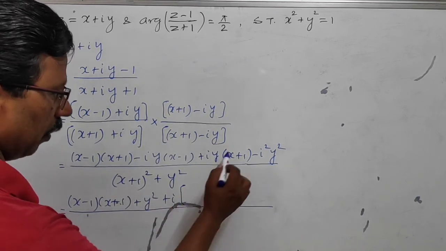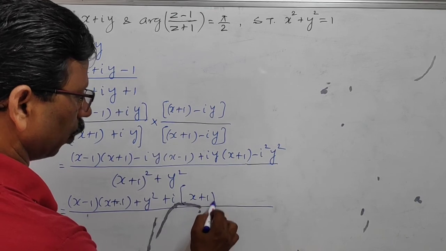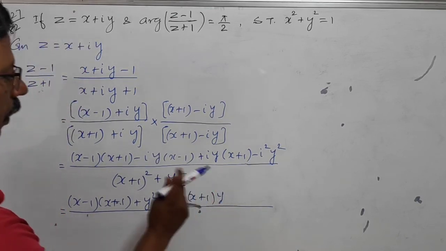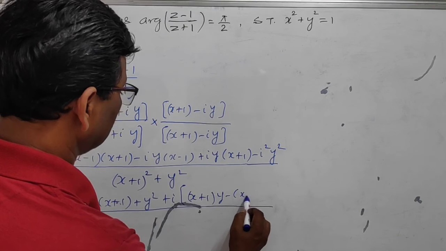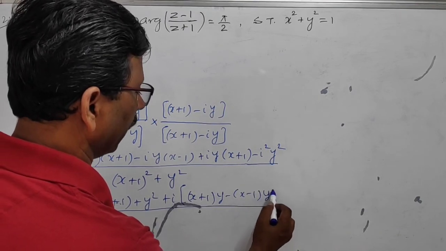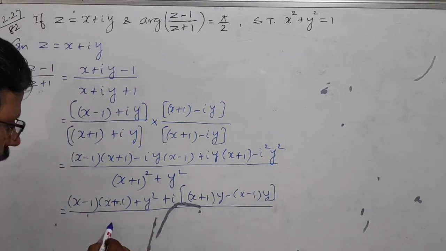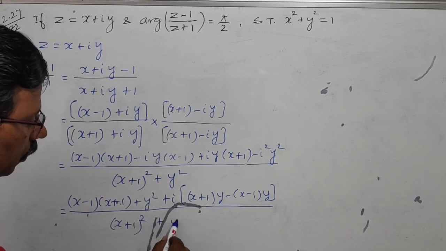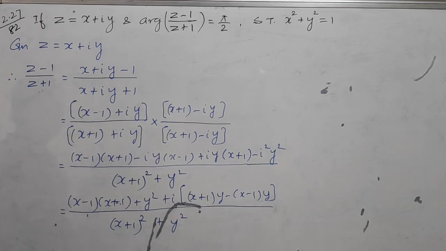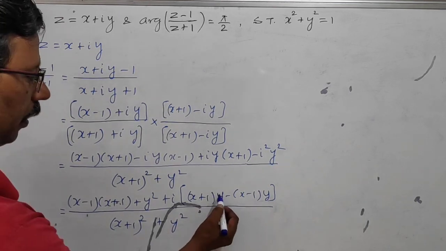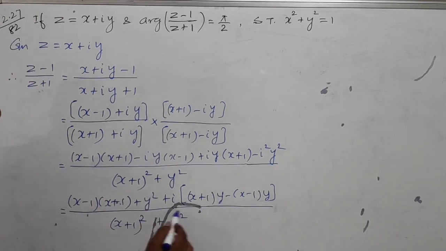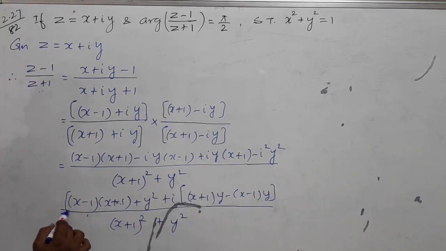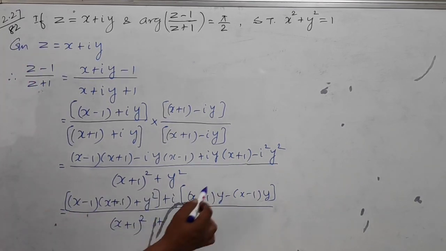Then write first the positive term, that is (x plus 1) into y, then minus (x minus 1) into y, by (x plus 1) the whole square plus y square. Now this one is the real part and this one is the imaginary part.